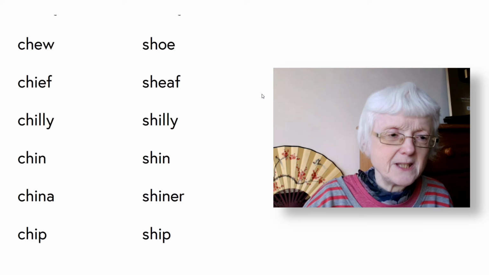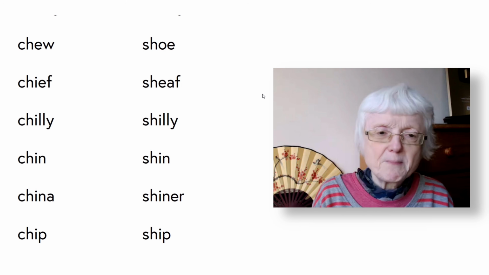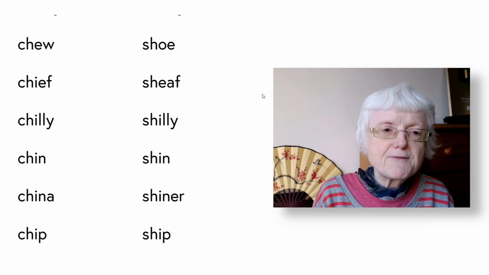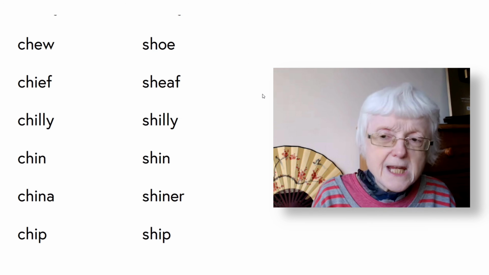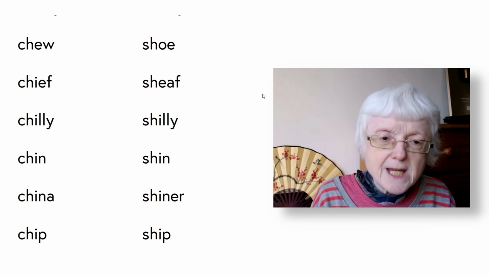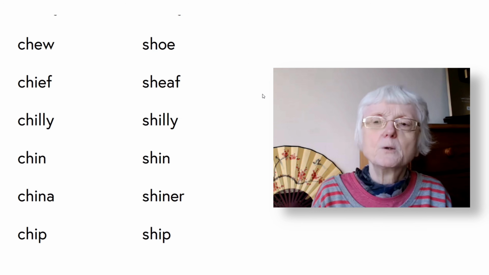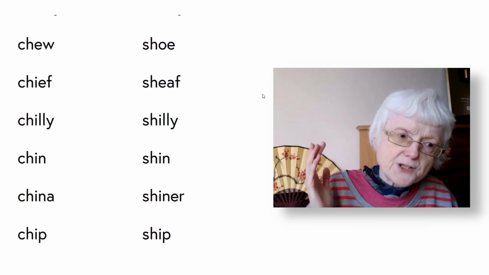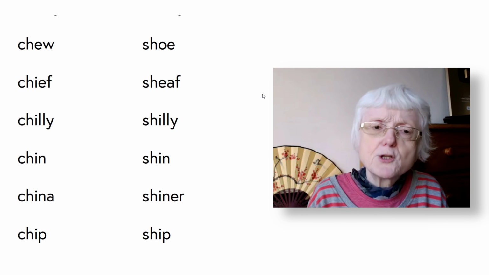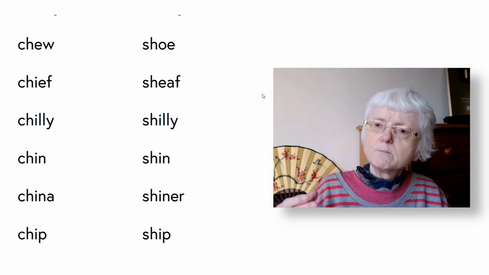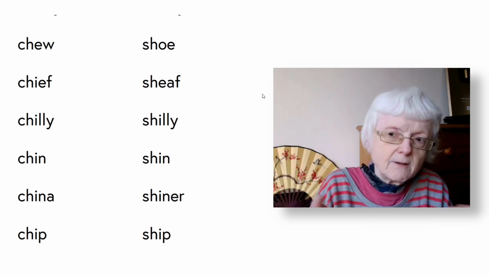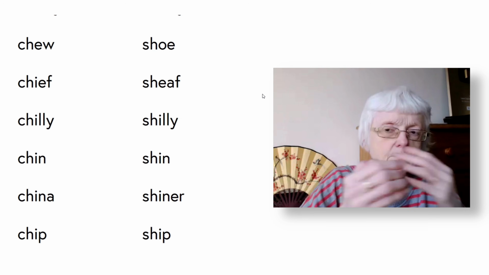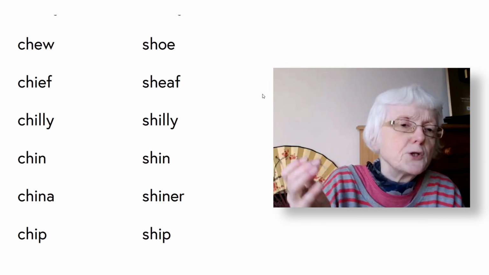Right, next one. Again, different spelling. Chief, after me, chief, sheaf. Chief means a boss, the head of something. And sheaf is when in harvest time people cut the crops and put them all together in a big bunch.